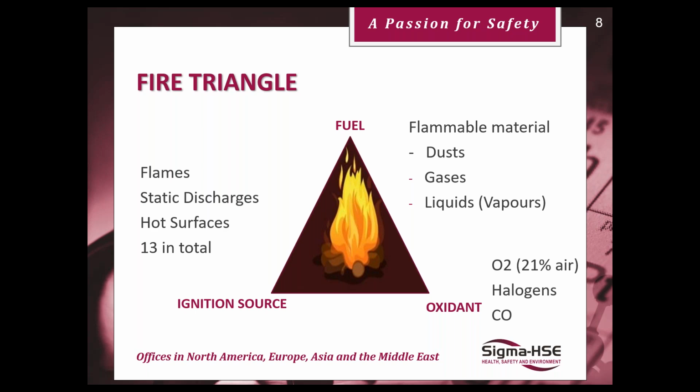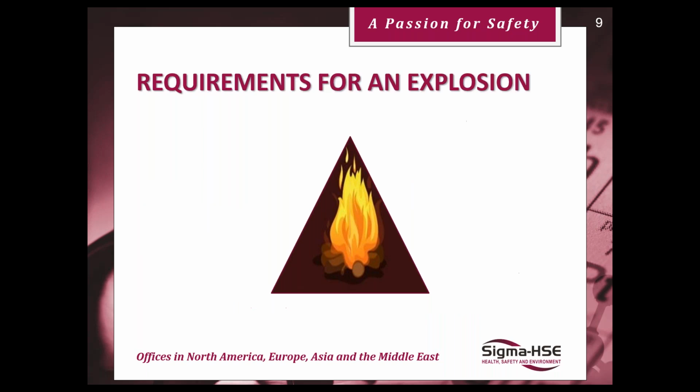Now, the other side of it is that we can not only have fires, but we can have explosions, which starts off with the fire triangle but adds in a couple of extra things. We end up with what's called the explosion pentagon. We've got to have good mixing. We've got to have that fuel and air intimately mixed. That's easy when we're talking about vapours and gases, because they'll mix readily together.